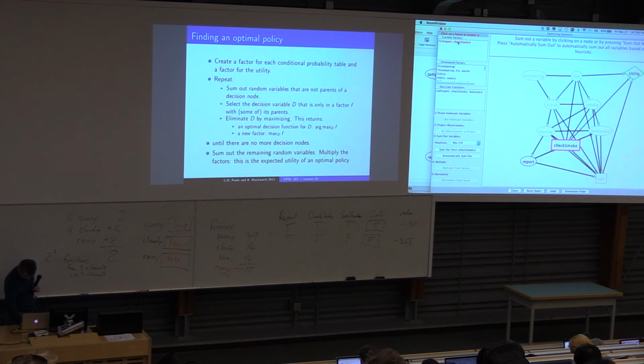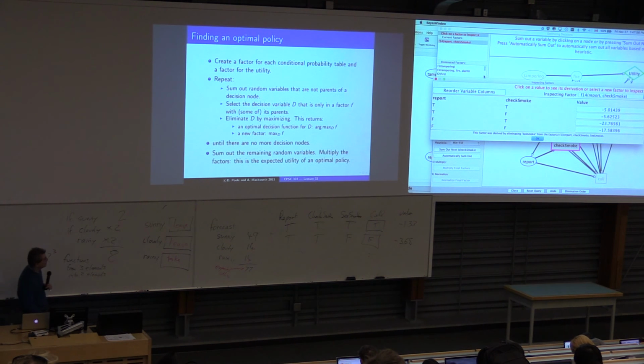I'm going to end up with this value here with just report and check smoke. But now I can optimize check smoke because I'm going to observe report. So what's the best thing to do if report is true?